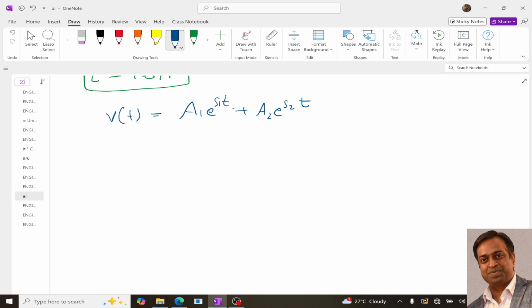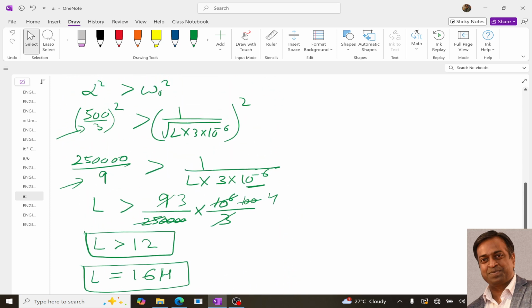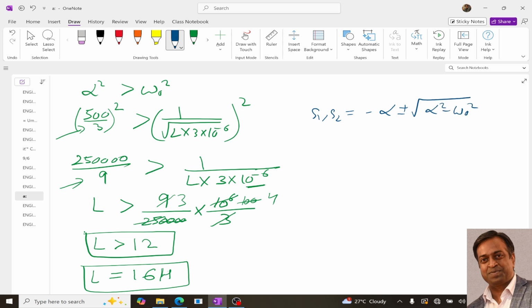First of all we need to determine s1 and s2, and then we will need to determine a1 and a2, which are the constants. To determine s1 and s2, we know that s1 and s2 can be determined using the equation minus alpha plus minus root of alpha square minus omega naught square.